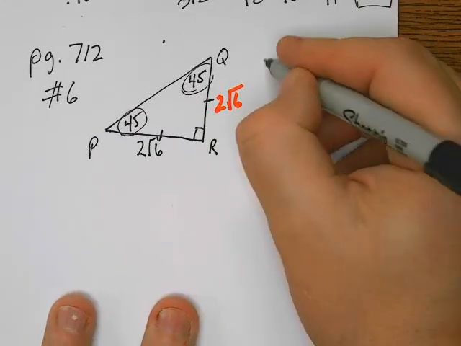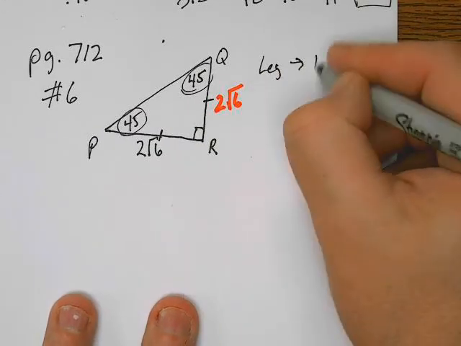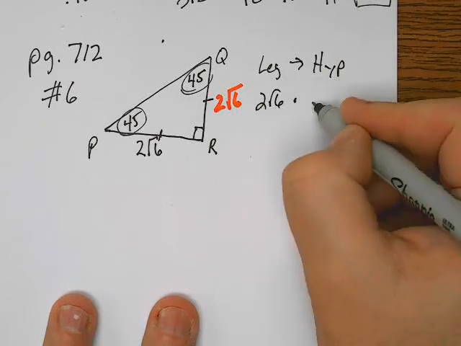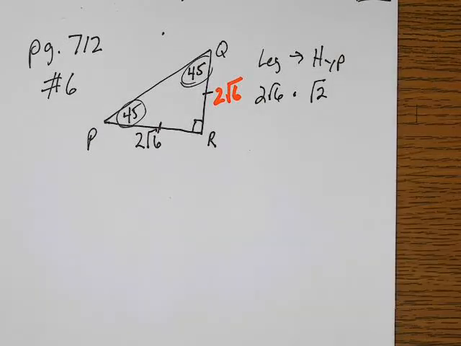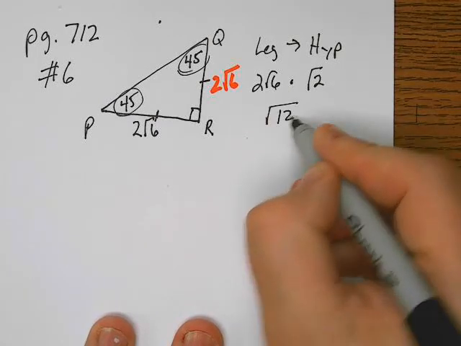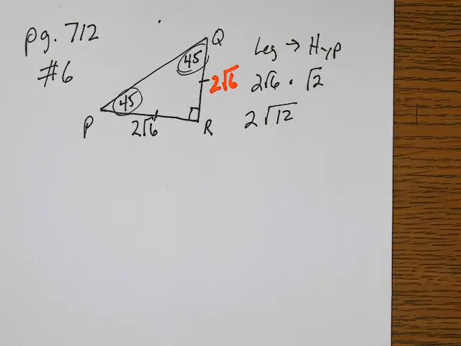To go from a leg, the shortcut, to the hypotenuse, we take 2 radical 6 and we multiply it by radical 2. Now let's simplify. Radical 6 times radical 2 is radical 12. The 2 stays out in front. That's not simplified. And let's just say they tell us no decimals allowed.